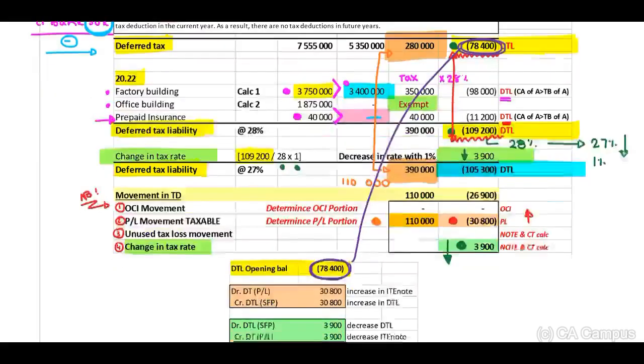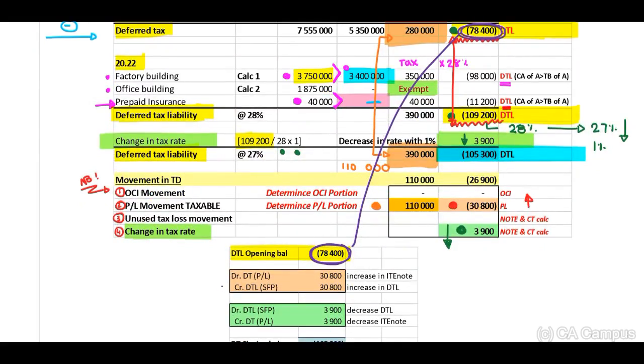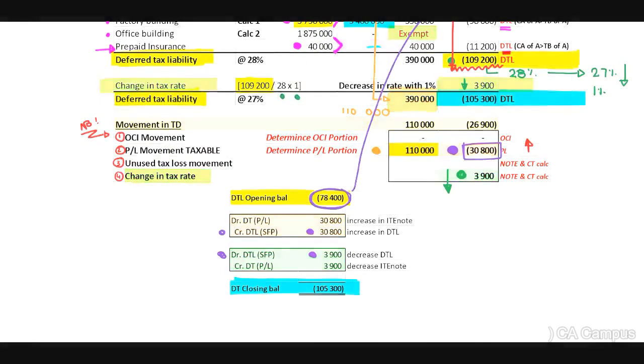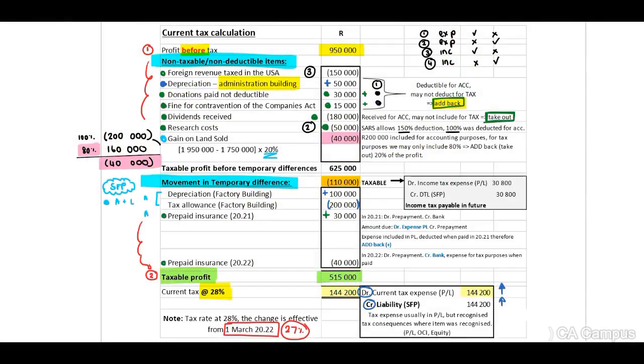Then we credit our deferred tax liability with a 30,800, which we have identified. Look at this, our movement. And we debit our deferred tax liability with a 3,900, a decrease. And this will result in a closing balance of 105,300.